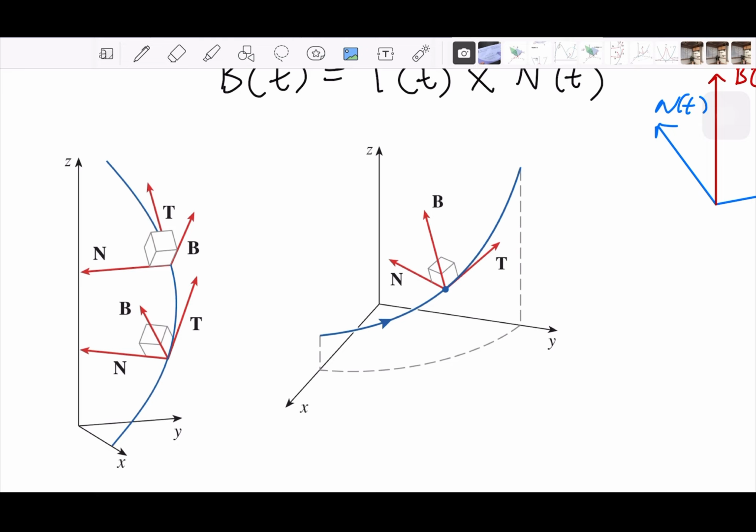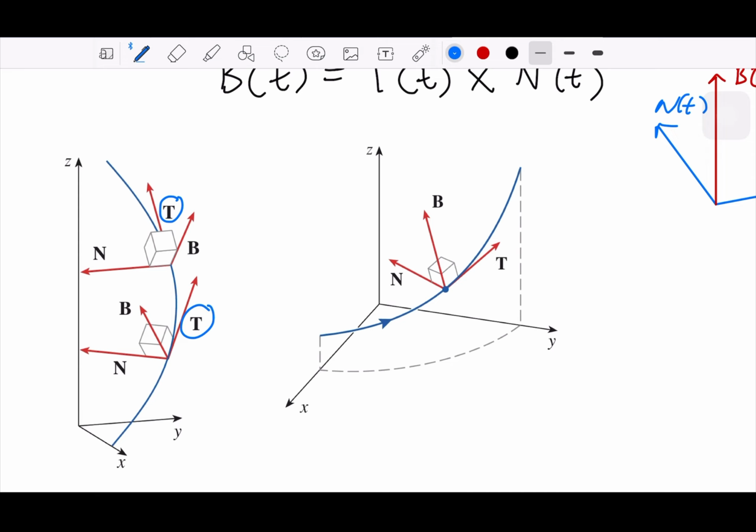So the principle to find all these three begins with this unit tangent. Okay? So that's the first thing you need to take note of.